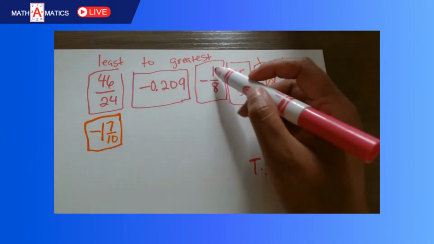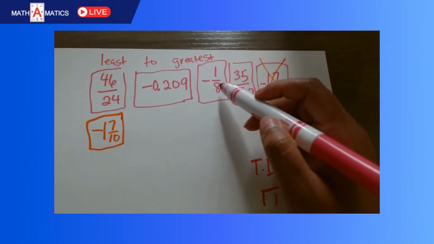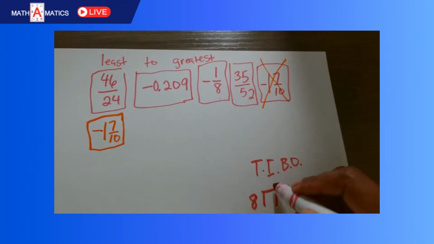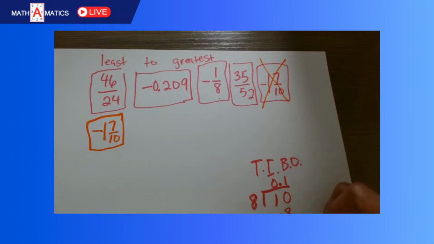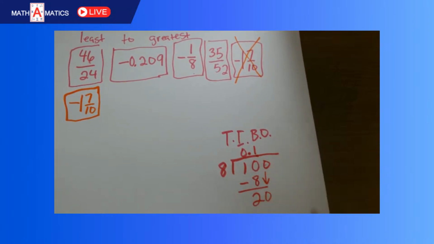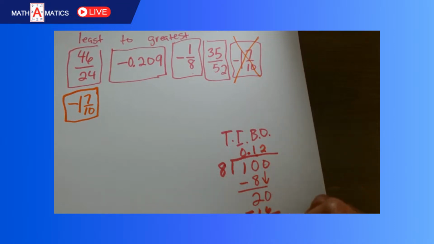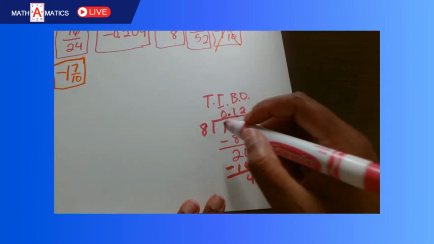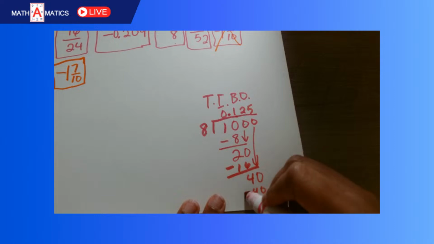The top number, our 1, is on the inside, and our bottom number, our 8, is on the outside. 8 can't go into 1, so that is 0 times, and we add a 0. 8 into 10 goes 1 time, and we get a 2, and we can add another 0 and bring that down. 8 into 20 goes 2 times, which is 16. 20 minus 16 is 4, and we can add one more 0, which gives us 40. 8 times 5 gives us 40.